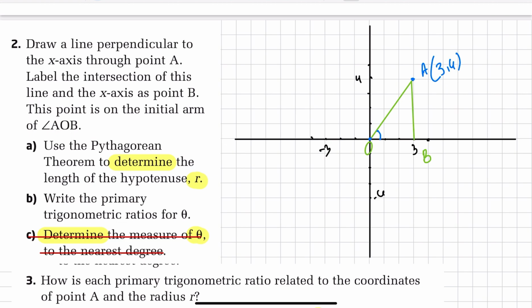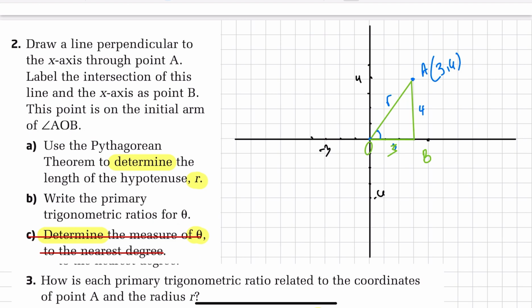Use the Pythagorean theorem to determine the length of the hypotenuse R. So this is my R. I know this is 4 and this is 3. So if you want, we can remove this and just put this 3 to show us this is the length. Perfect.